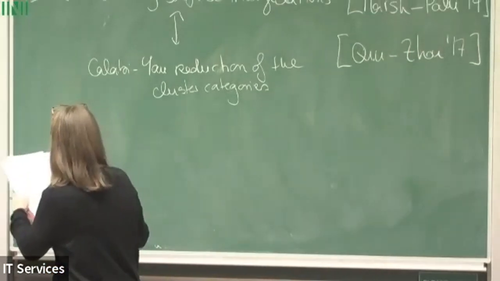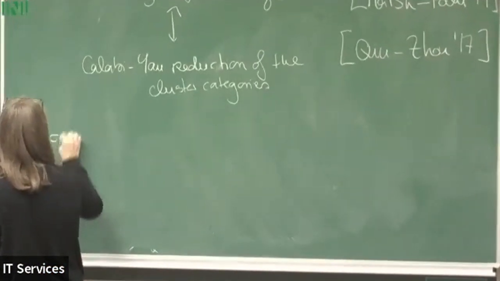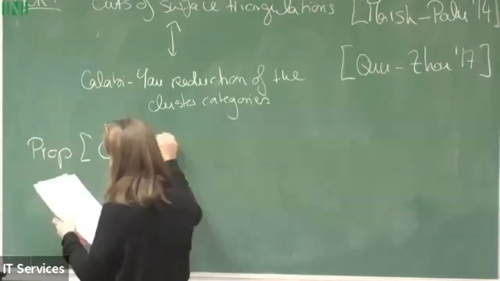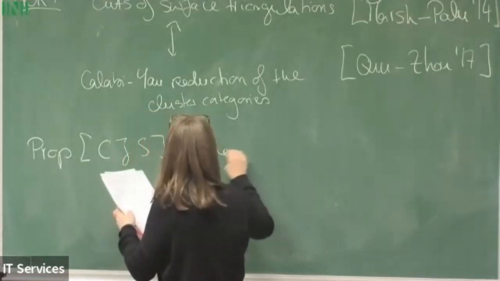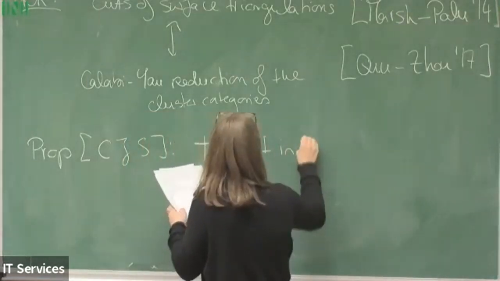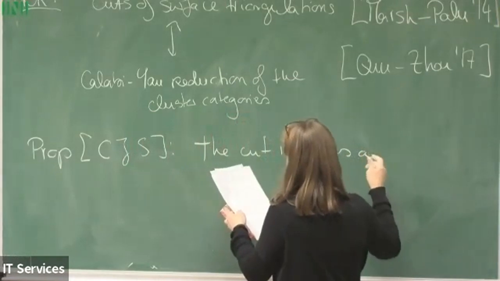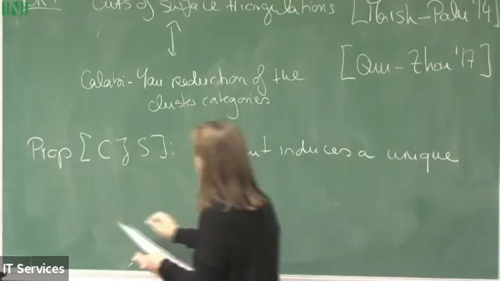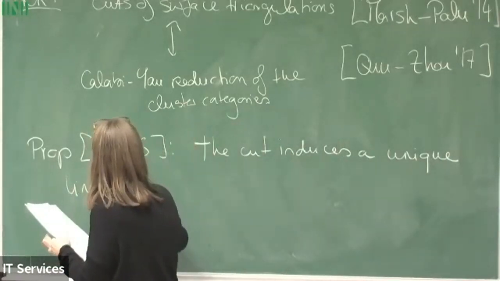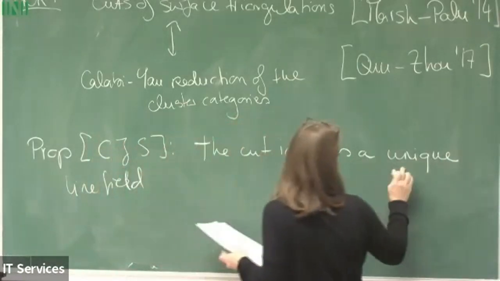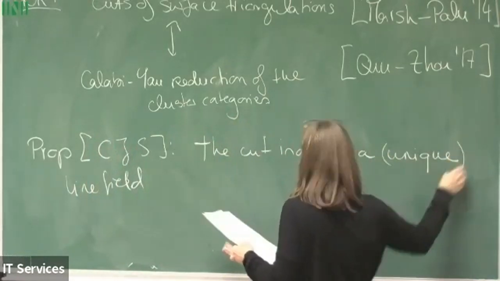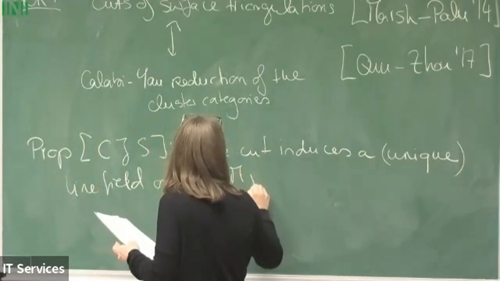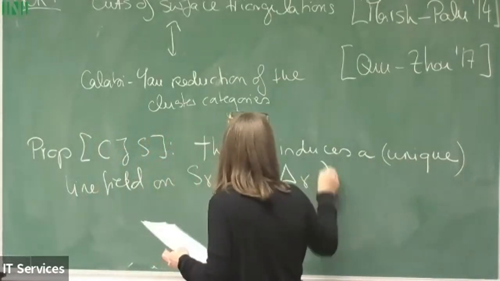Okay, so then we have a proposition with Wan Chang, Haibo Jin, where we show that the cut induces a unique grading or a unique line field, unique for our purposes, I should say, on the surface in a really quite natural way.